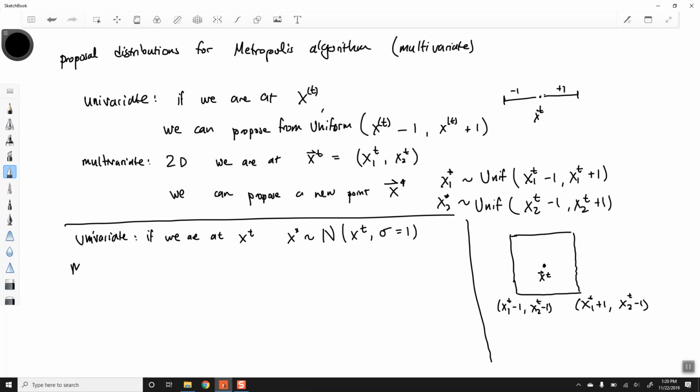And so for the multivariate case, if we are at xt, then x star will come from the multivariate normal where the mean is x at time t, and the sigma matrix can be something like this.